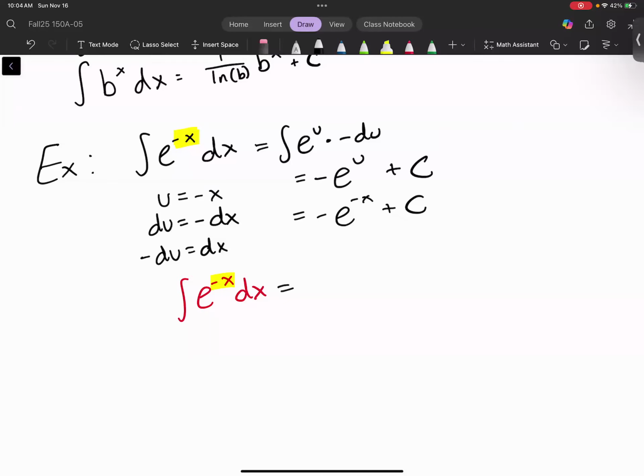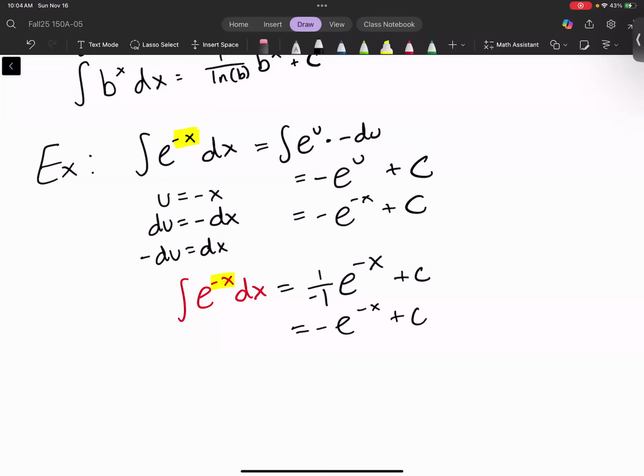So my antiderivative will be the antiderivative as if it wasn't there. The antiderivative of e to whatever is e to that thing. But then we divide by the derivative of the inside function, negative x. So that's negative 1. We divide by that, plus c. And then that simplifies, right?